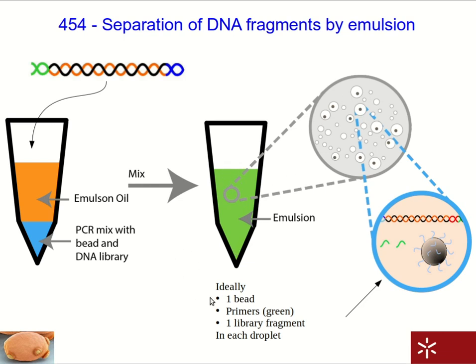Ideally, we should control the concentration of these components so that each droplet contains one molecule of our DNA library, primers, these green molecules, and one magnetic bead that has single-stranded DNA molecules on the surface.